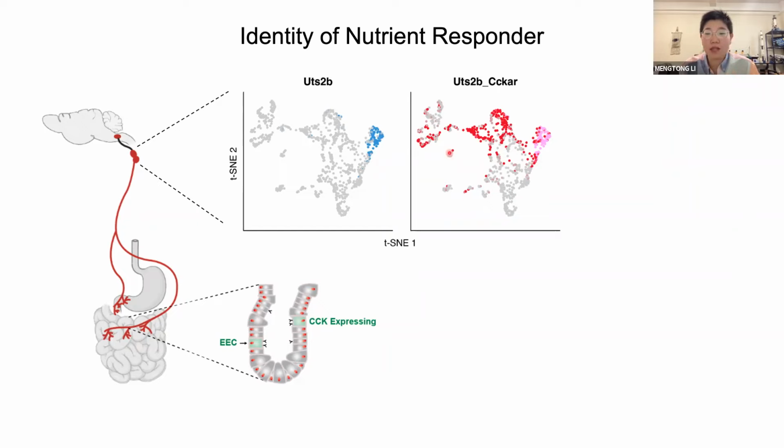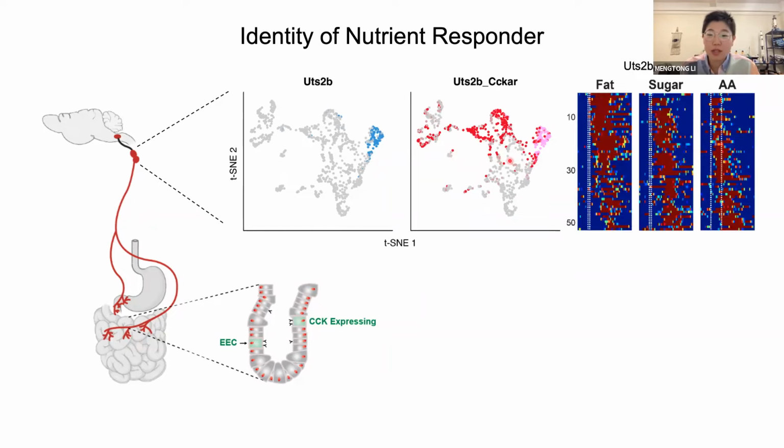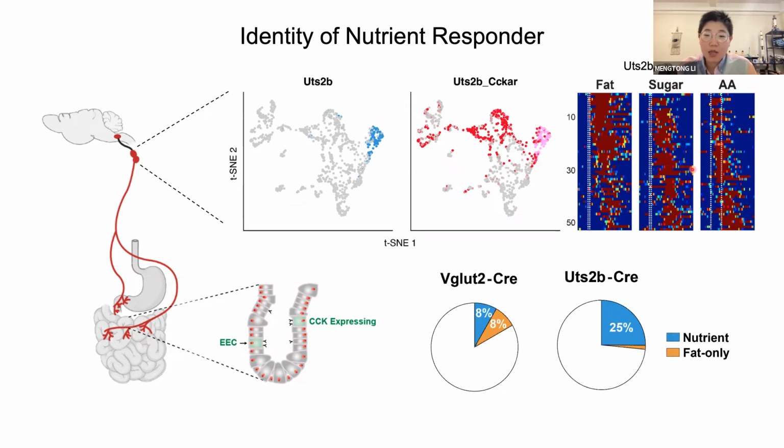We obtained this Cre line and used it to express GCaMP. We found that these UTS2B-expressing vagal neurons respond to intestinal stimulation with fat, sugar, and amino acid. We can tell from these pie charts that the UTS2B-Cre mice largely enrich the nutrient responders.